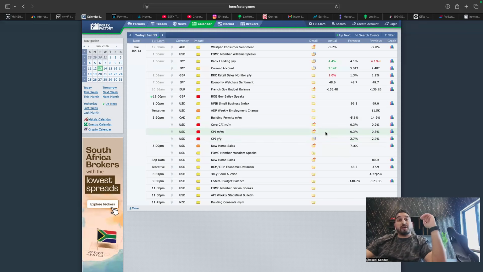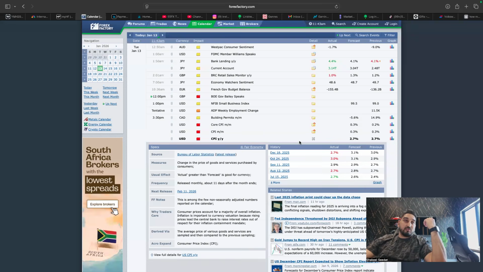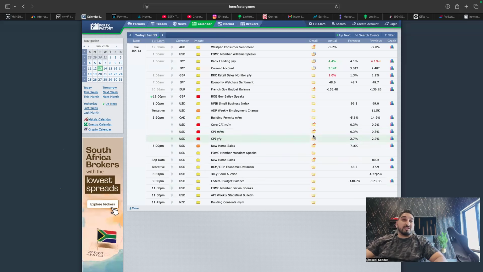So CPI month on month is showing the same as previous, which should mean nothing, flat there. And if you look at it here, we are anticipating a 2.7, right? So 2.7 is the same as previous. So that being said, the only negative one would be the core CPI.